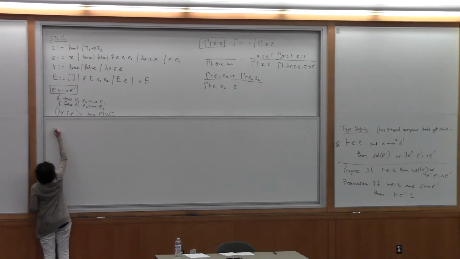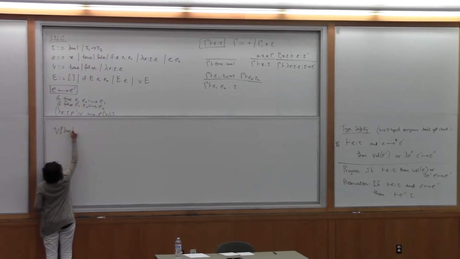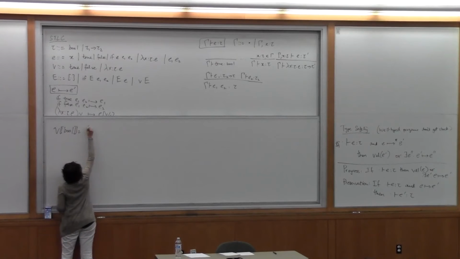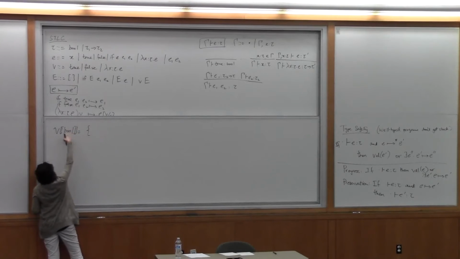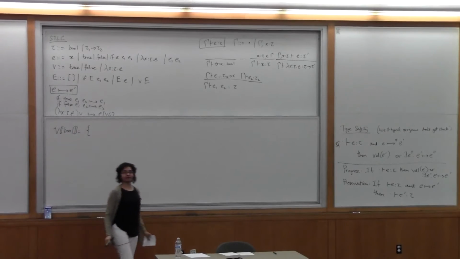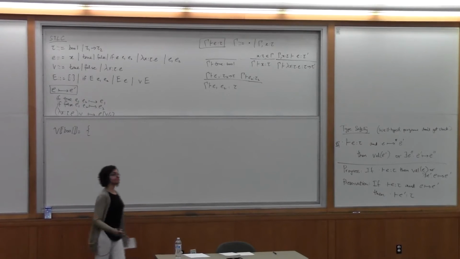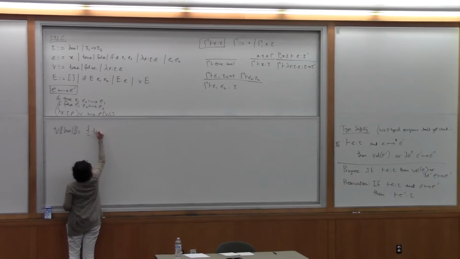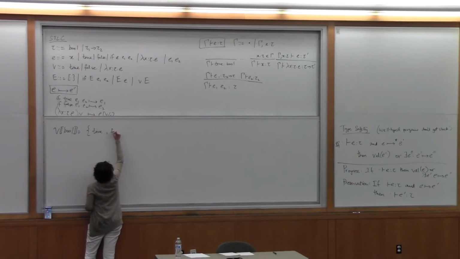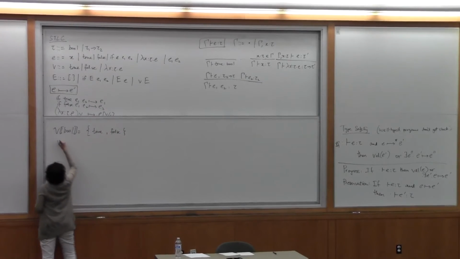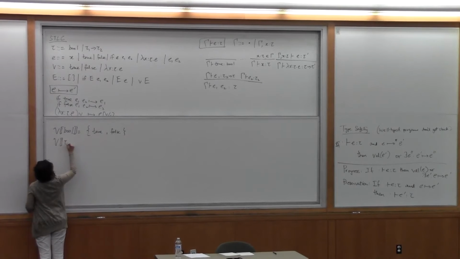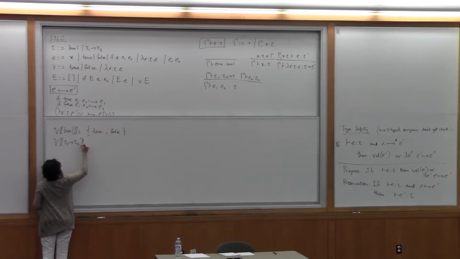So let's do that here. I'm going to write V for my value relation. So at the type Boolean, what values look like they have type tau, have type Boolean? True and false. Okay. How about functions?